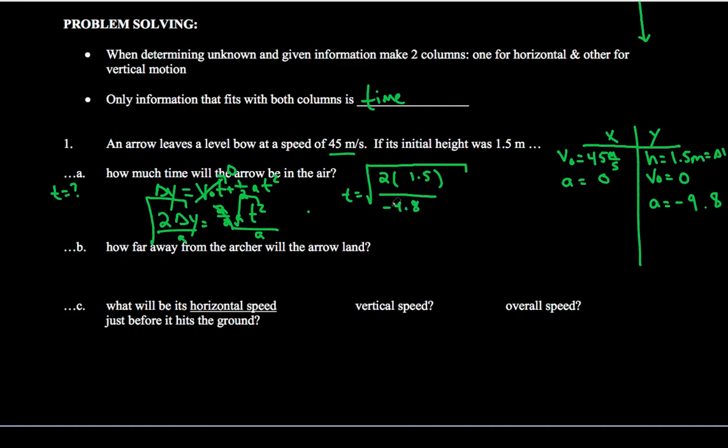Now what you'll notice here is that we have a negative in the radical, and that can't happen. So we have to apply the idea that this change in vertical displacement is a vector, and the arrow is traveling in the downward direction, so its displacement vector is negative. And if you work that out, I got a time of 0.55 seconds.